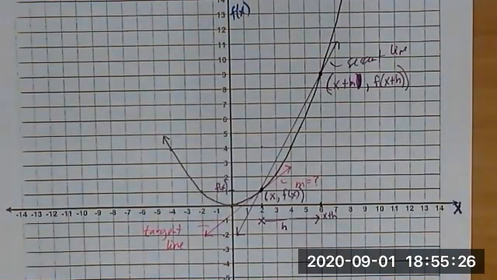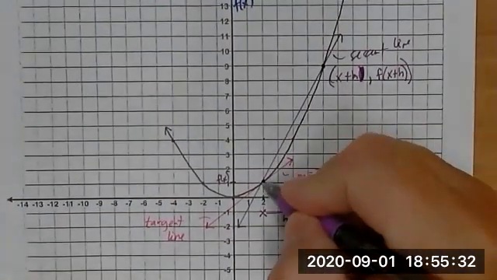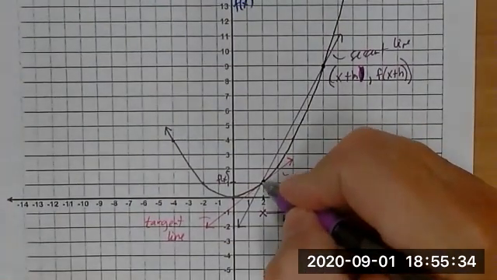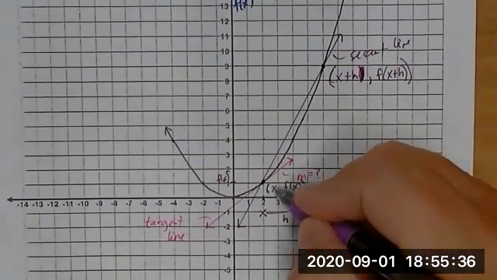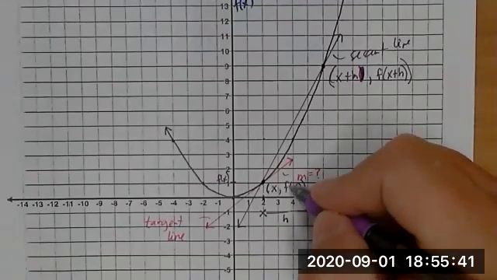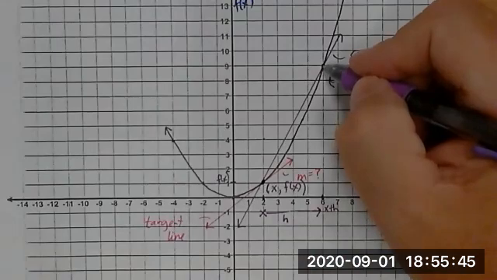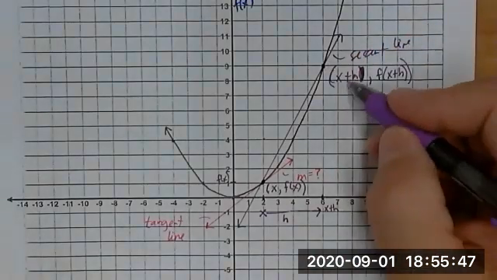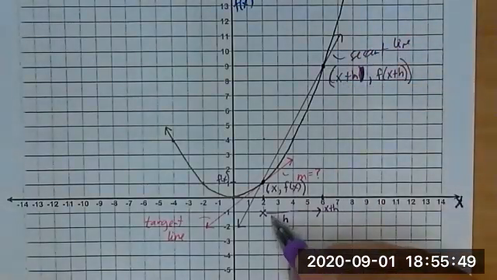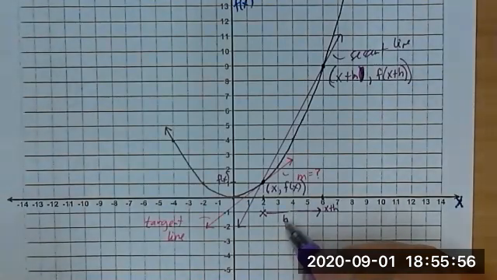This is why I said the notation can get a little confusing. So let's review it again. I'm choosing a point here, and I'm calling this point x, y, but I'm not going to use y. I'm going to use function notation, so x and f of x. For my second point, I looked at how far I moved to the right, and in this case, I moved the distance h.